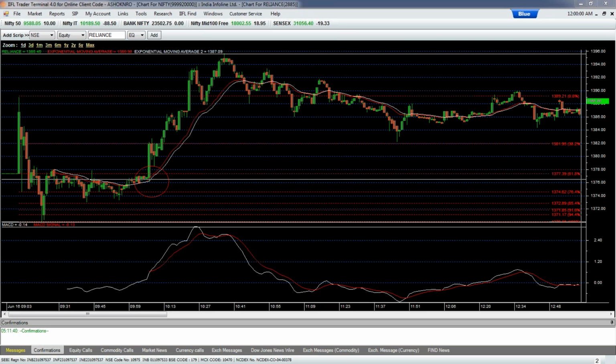Okay, so guys, I am not sure if everyone understands red line and white line. Please don't call it a red line and white line. I want you to call it the 20-day EMA close and the 21-day EMA open.